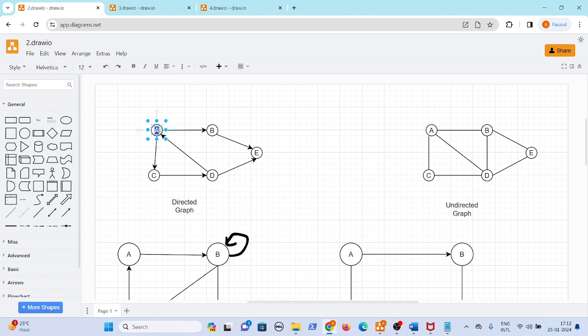Let's consider A as Delhi, and from Delhi you have multiple roads. Consider B as Bangalore and C maybe as Chandigarh. You have two roads from Delhi to Bangalore, and another road from Delhi to Chandigarh, and from Chandigarh you might have other roads as well.